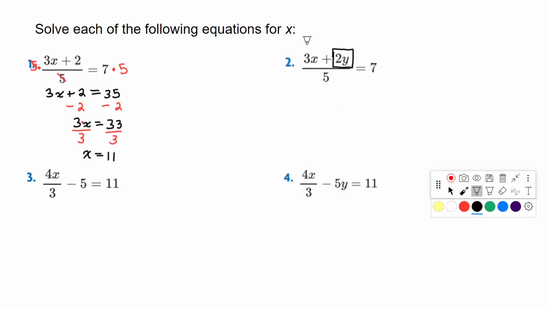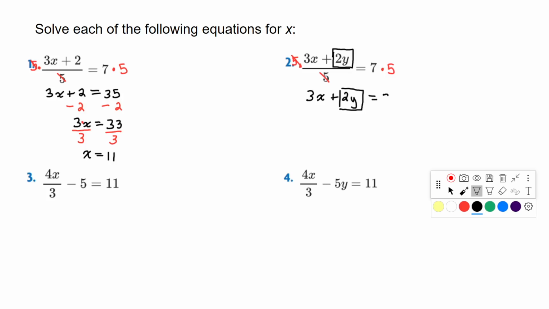And because it is set up as a 3 times x plus some number divided by 5, I'm going to solve this using the same undo process that I did on number 1. So I'm going to start by multiplying by 5 on both sides, so that cancels that division, leaving us with 3x plus 2y, and I'm going to put a box around that 2y just to help us remember that that's actually one value.